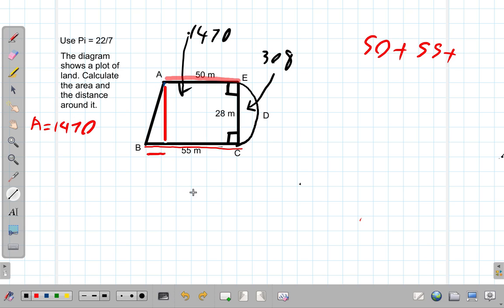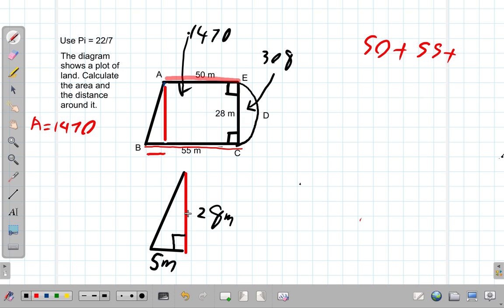Let's see what we're going to have to do. Let's draw this triangle. Now, we found earlier that this was 5 meters. Now you know the height is 28 meters. How are you going to get the slant part? Remember the angle here is 90.